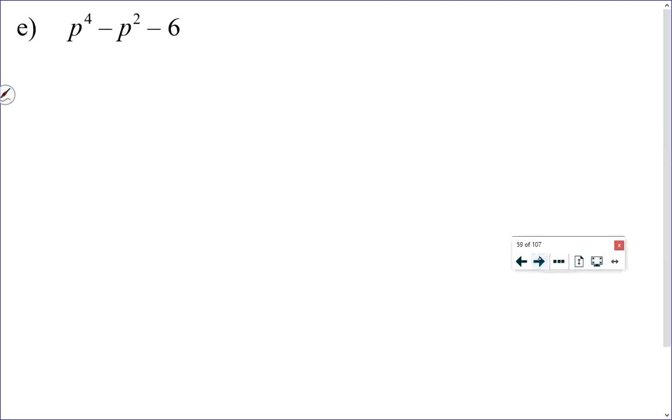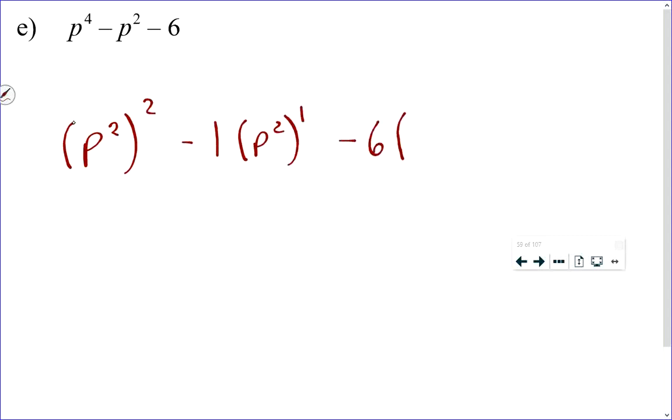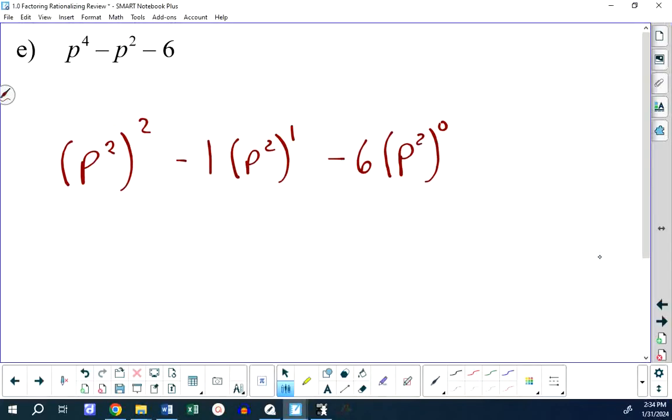Okay, another type, this is more from Math 20. This is quadratic. I know that by the time you hit Math 30, you say it's quartic because it's degree 4. But it is also quadratic, because of these exponents.